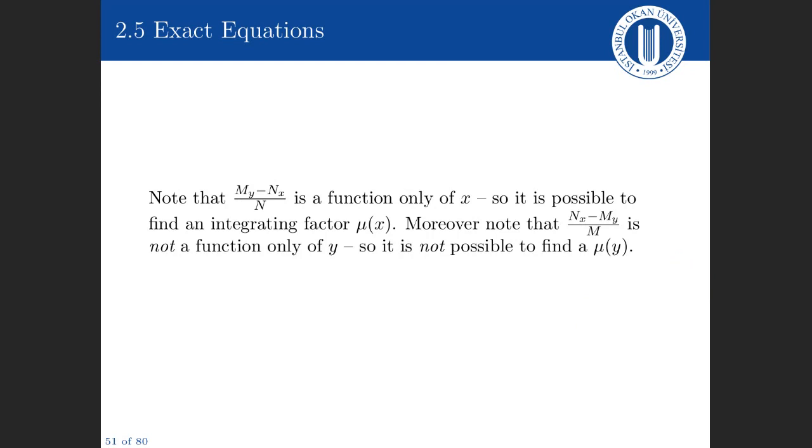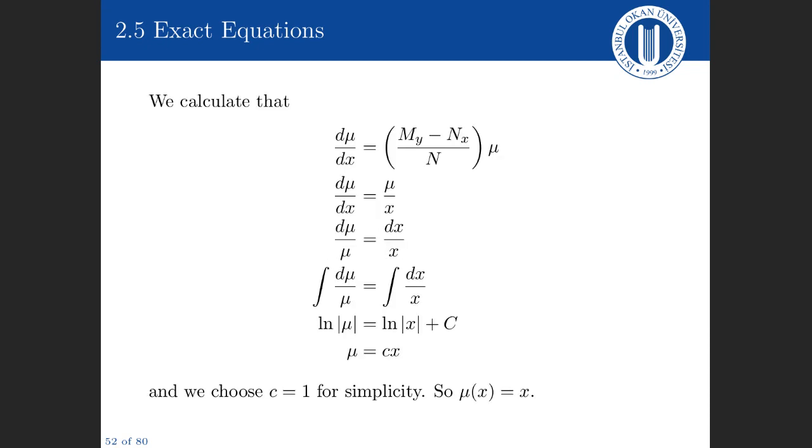Because my minus nx over n is a function only of x, it will be possible to find an integrating factor mu of x. Because nx minus my over m is not a function only of y, it's not possible to find an integrating factor mu of y. Now, you know how to solve this equation.